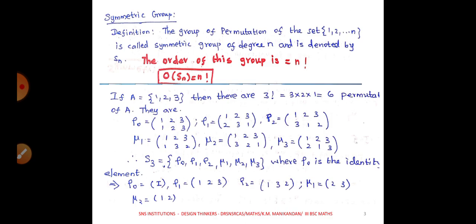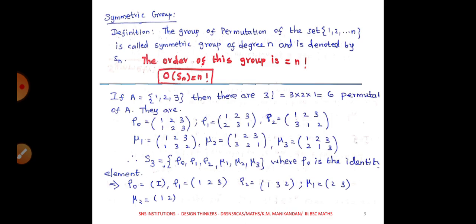Rho 2 maps 1 to 3, 3 to 2 and 2 to 1. Mu 1 maps 1 to 1, 2 to 3, 3 to 2. Mu 2 maps 1 to 3, 3 to 1 and 2 to 2. Mu 3 maps 1 to 2, 2 to 1 and 3 to 3.